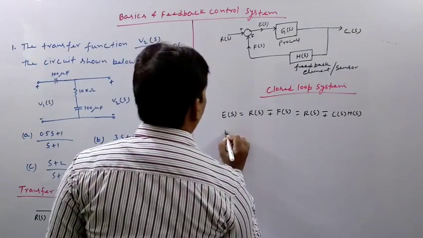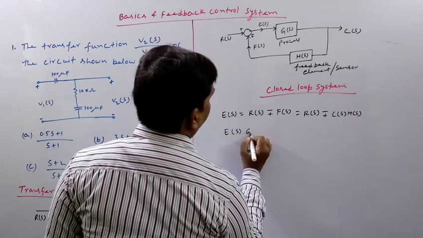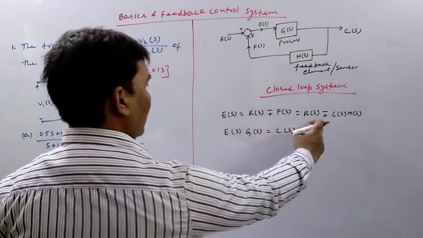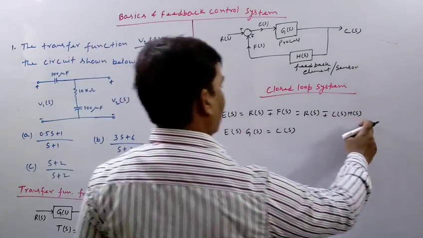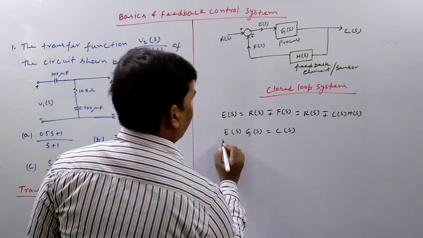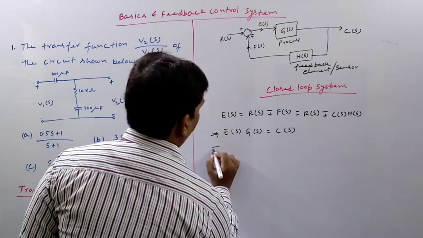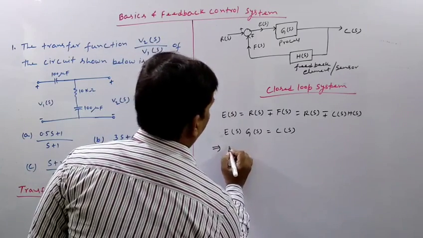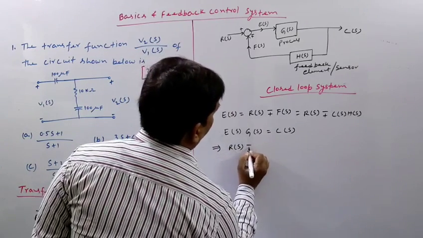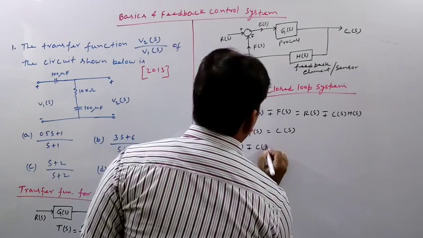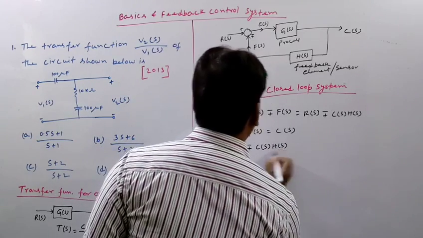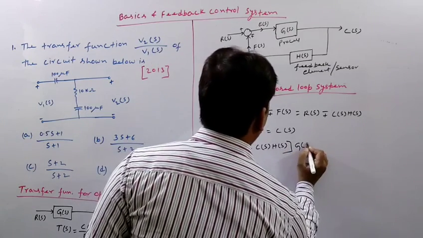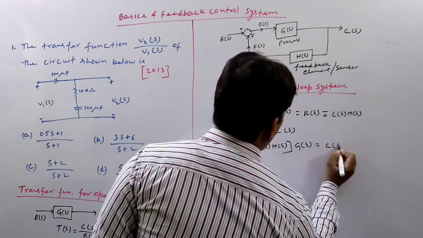Now ES multiplied by GS, this will be equal to CS. Now if we put the value of ES as RS minus plus CS multiplied by HS, then RS minus plus CS multiplied by HS, multiplied by GS, will be equal to again CS.